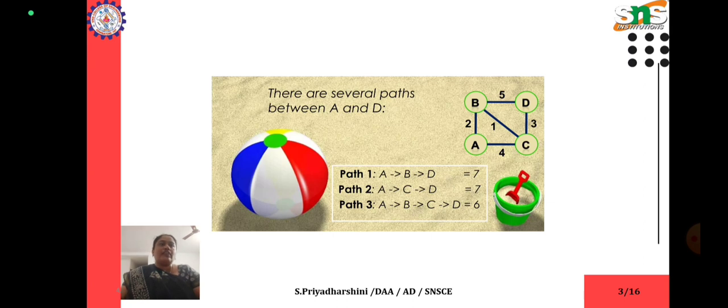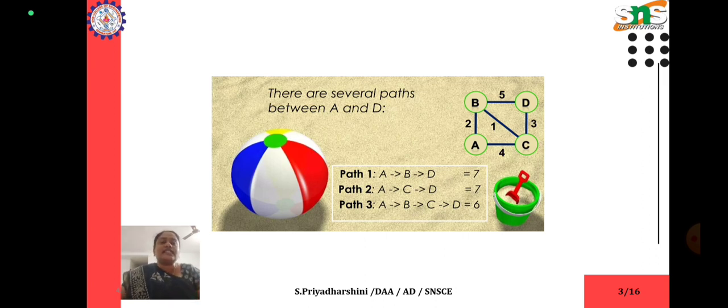We update the value with the formula: distance of i, j is equal to distance of i, k plus distance of k, j, if distance of i, j is greater than distance of i, k plus distance of k, j. So this is how the algorithm works.